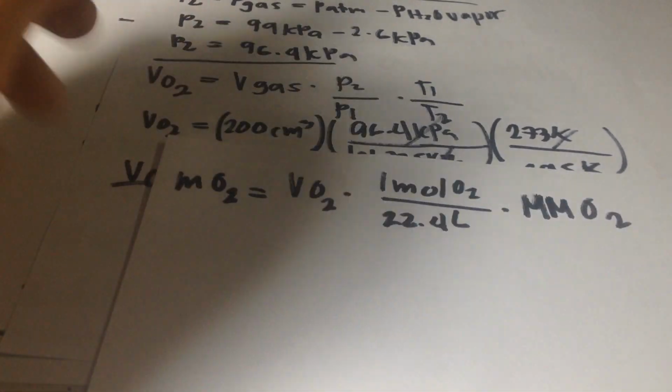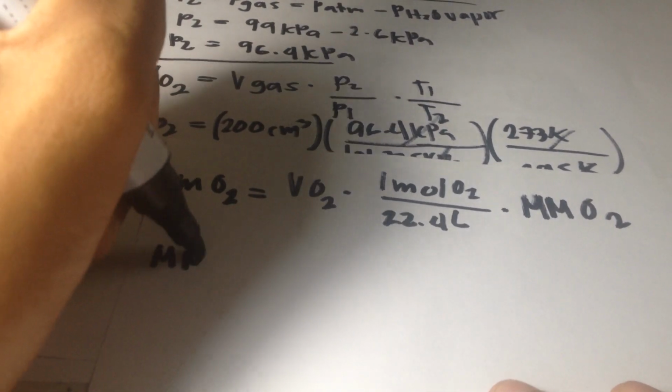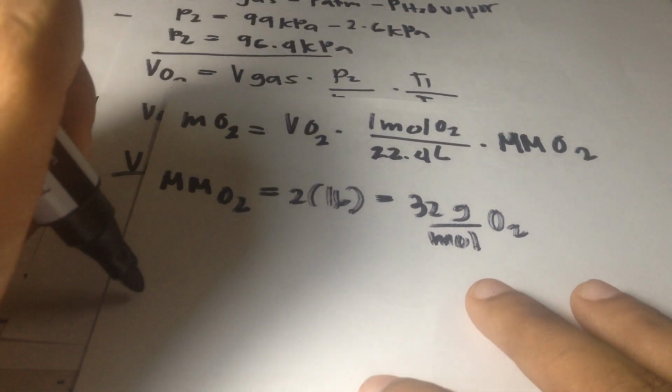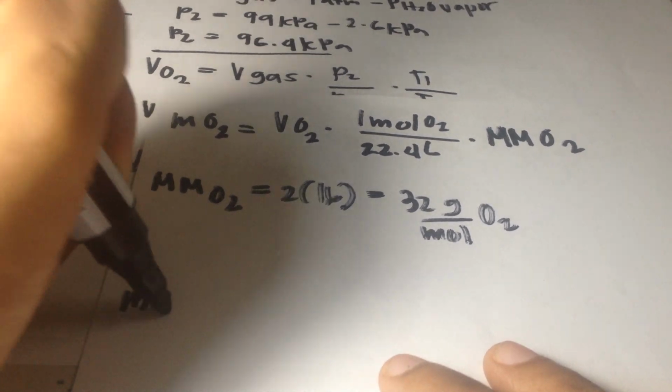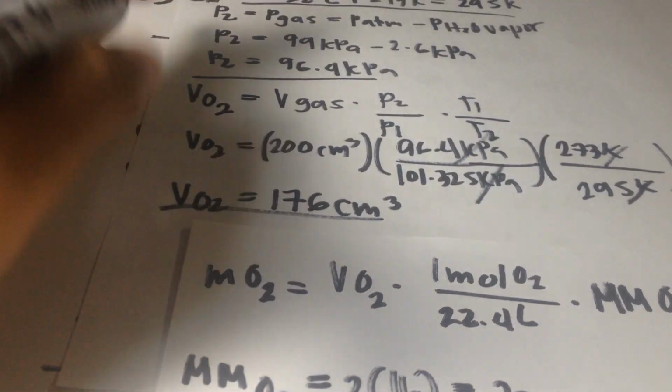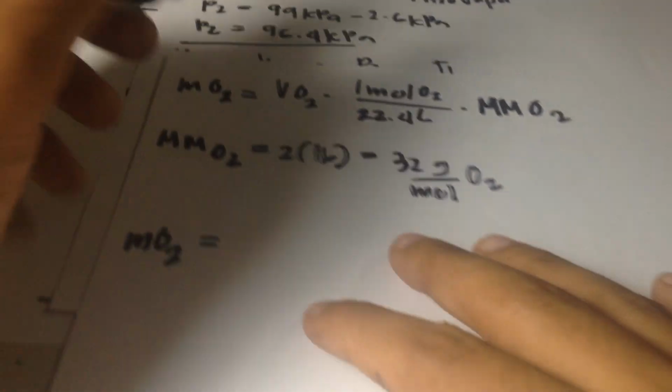The molar mass of oxygen gas is 2 times 16, which is 32 grams per mole. So let's begin again. The volume is 176 cubic centimeter.